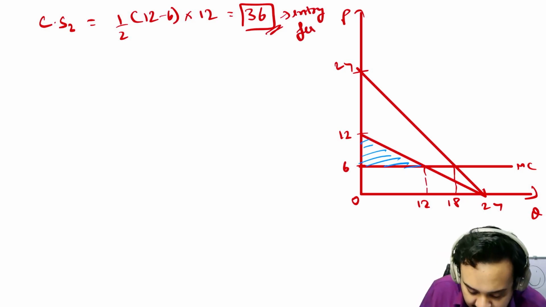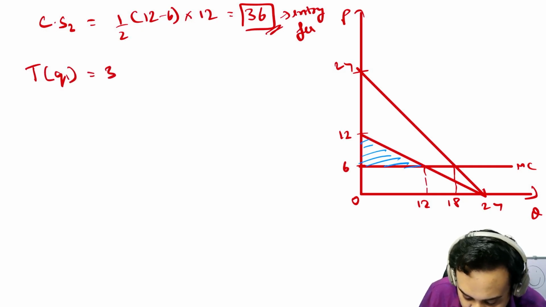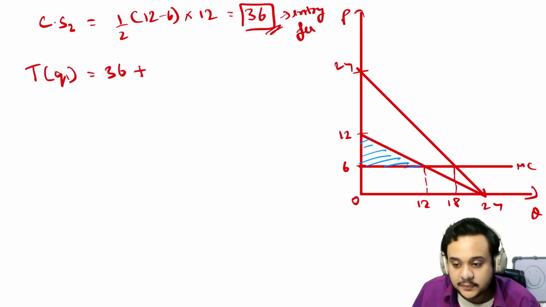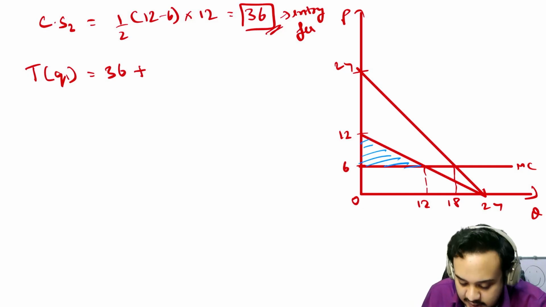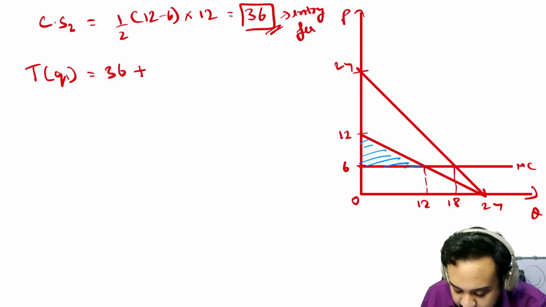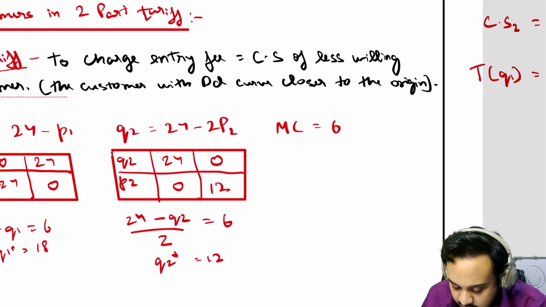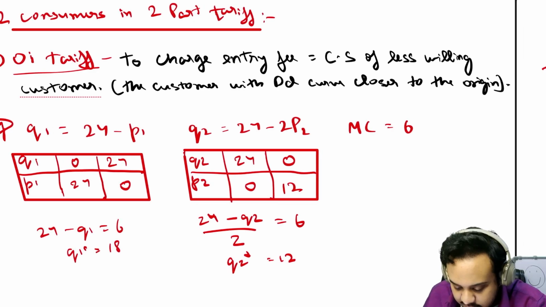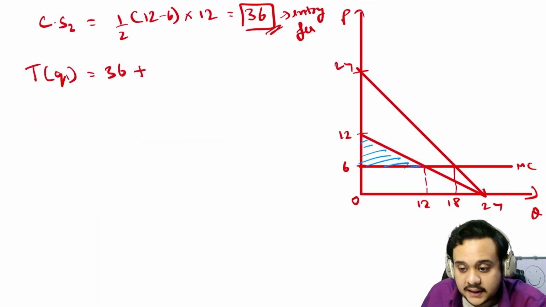Now you can calculate the tariffs of both the customers. For the first one, the entry fee is the same for every customer, 36, plus P1 Q1. We know that it is price into quantity, the total revenue generated by the customer inside the amusement park or wherever he was.